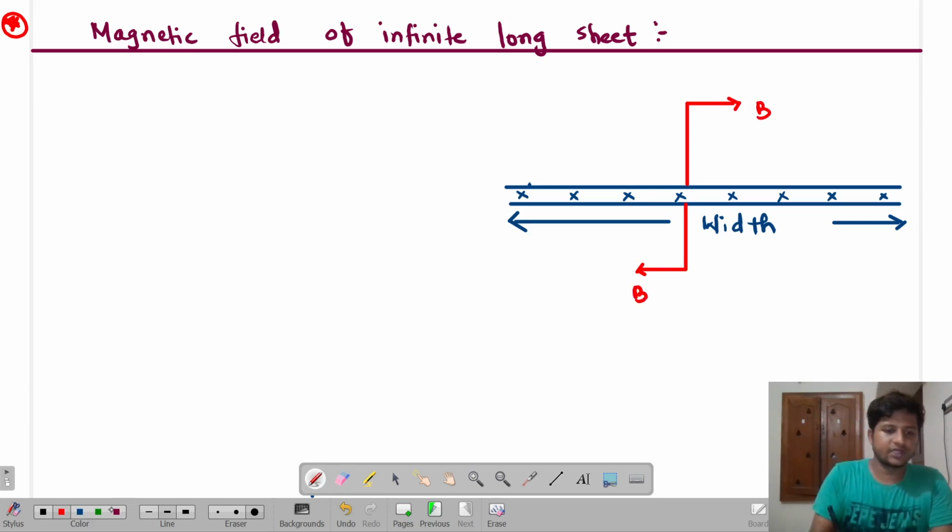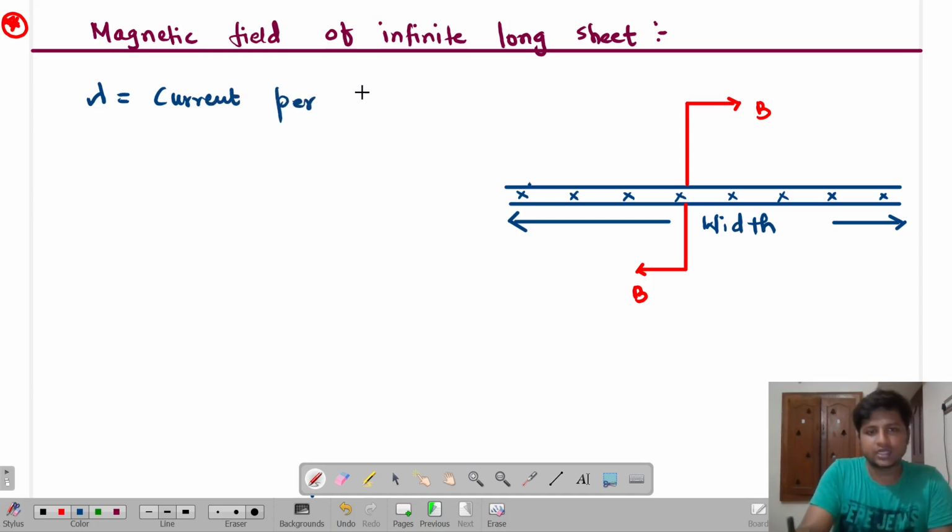Let's suppose I define lambda as a new kind of density. Basically, it is not charge density; it is current per unit width.